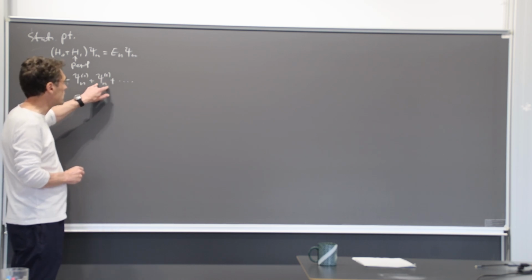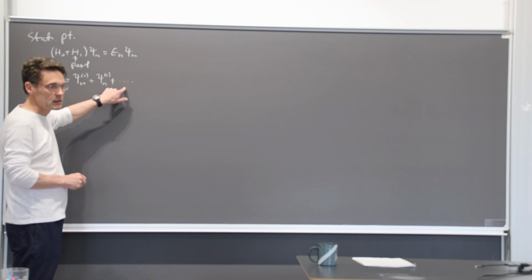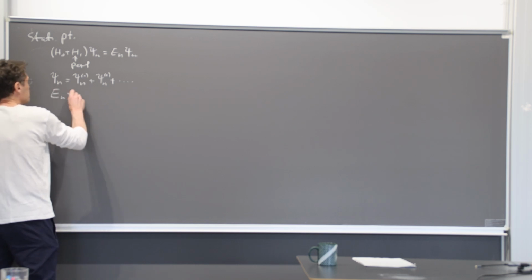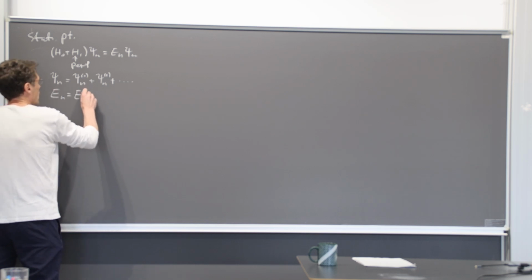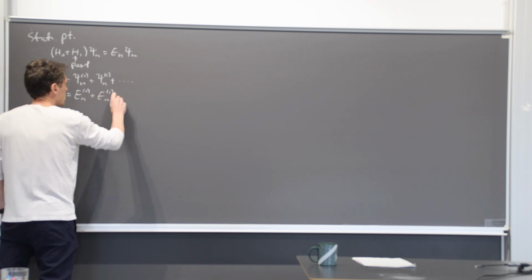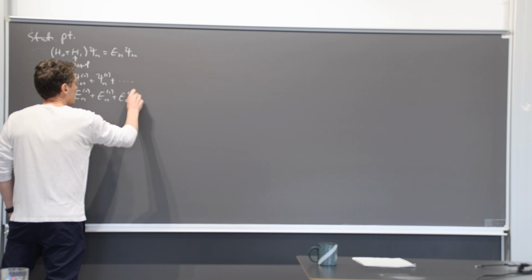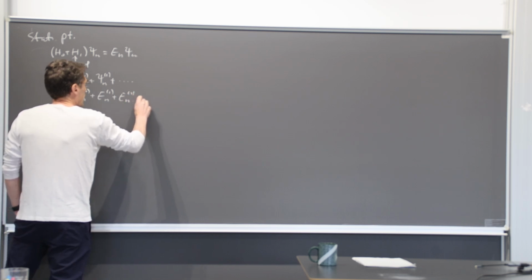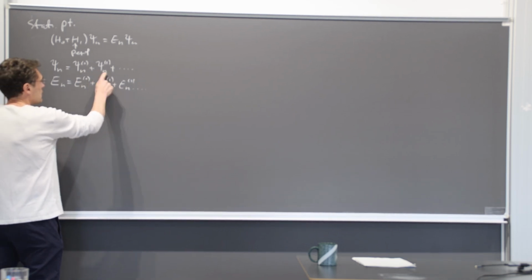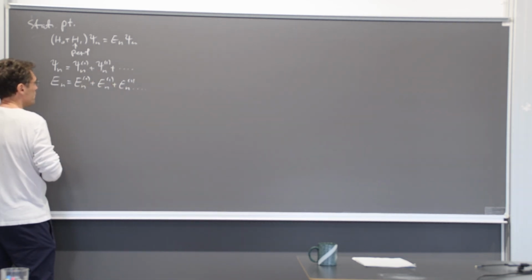So this will be proportional to the field, to the first power, and then you have a second power correction and so on. And the same thing, of course, for the eigenvalues. So there's the unperturbed eigenvalue, there's the first order eigenvalue, second order, and so on. Right, so again, these corrections are assumed to be small.